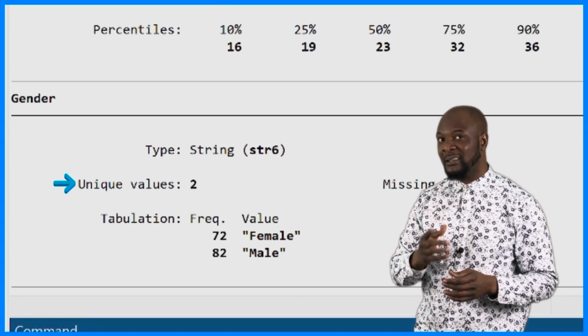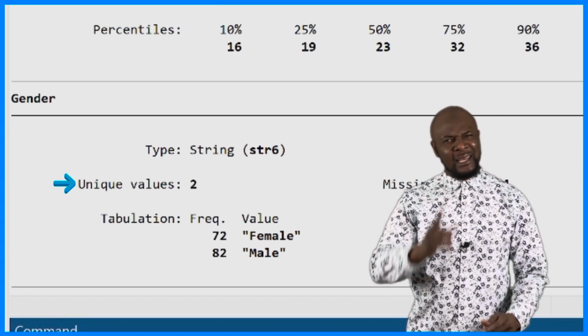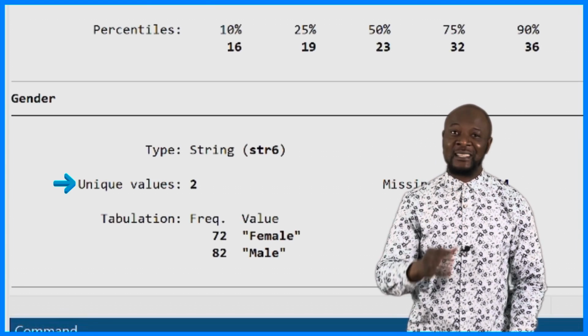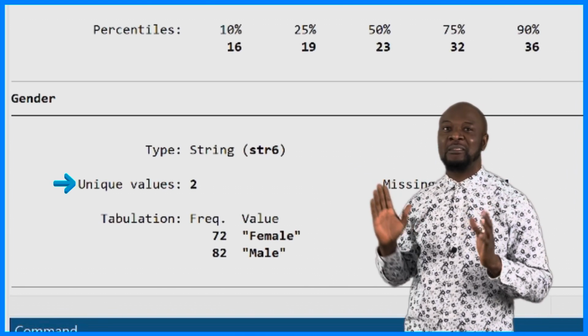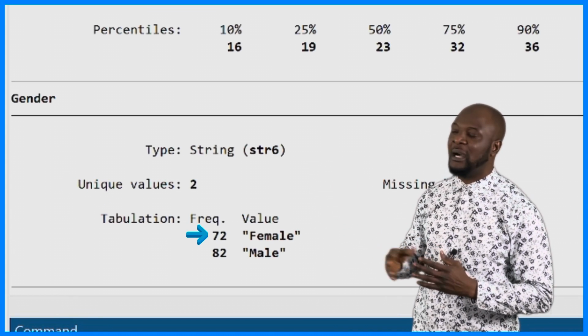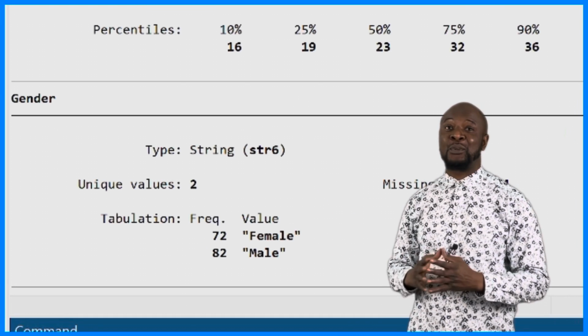You know why? Stata has automatically realized that this is a categorical variable. Hey, don't tell me you want to go ahead and be calculating mean of gender. So Stata has gone ahead to compute only the frequency. We can see we have 72 females and 82 males. So I'll leave it here. This is just a general description of our data set.